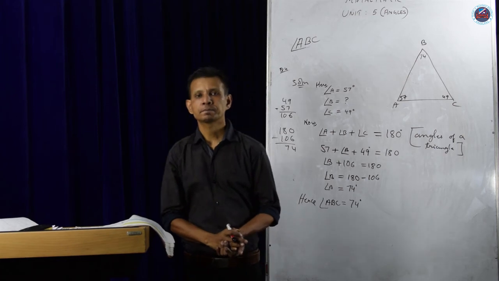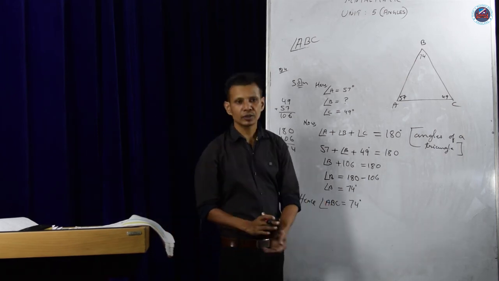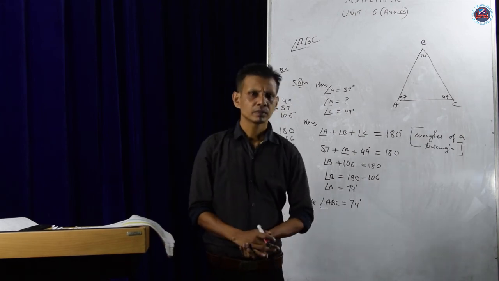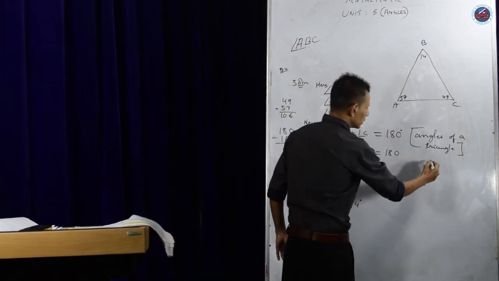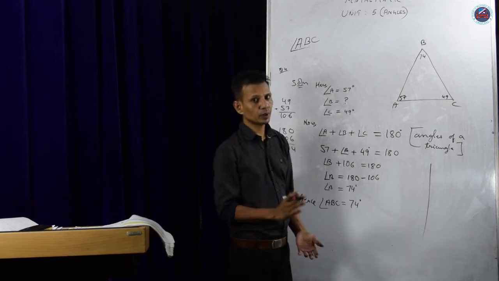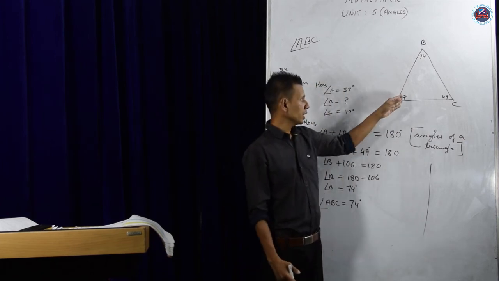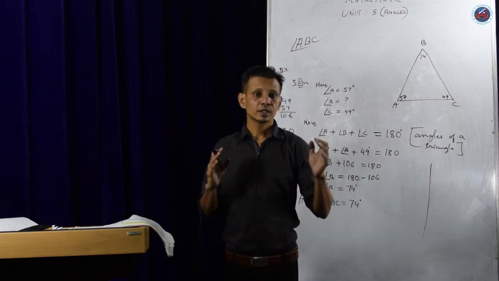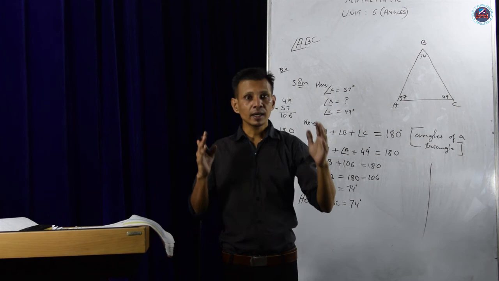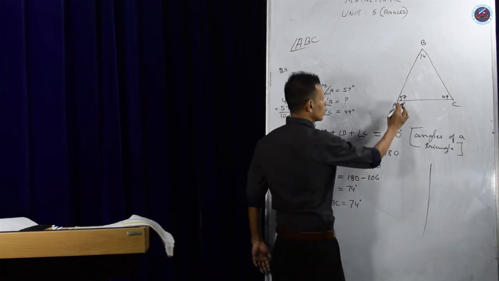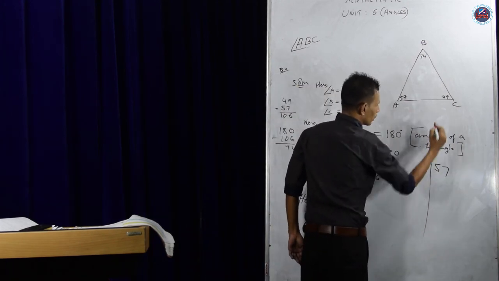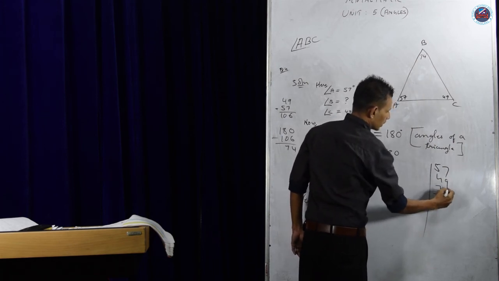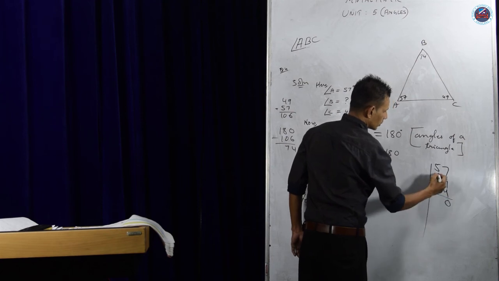Again, if you are not sure whether your answer 74 is correct or not during the examination, go to the rough column side and remember the properties of a triangle. If you add up all these three angles of a triangle, you will get 180 degrees. Let's check out. 57, 49, 74. 9, 10, 13, 17, 0.